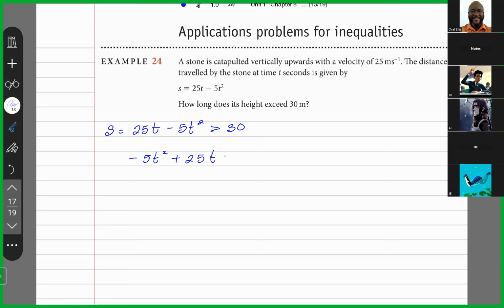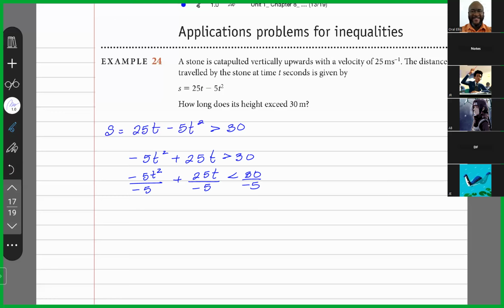is greater than 30. If I divide the entire inequality by minus 5, I'm going to get minus 5t squared over minus 5 plus 25t over minus 5 is less than 30 over minus 5.